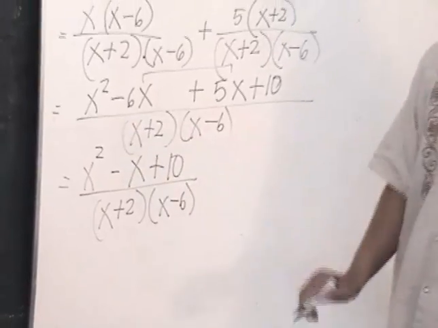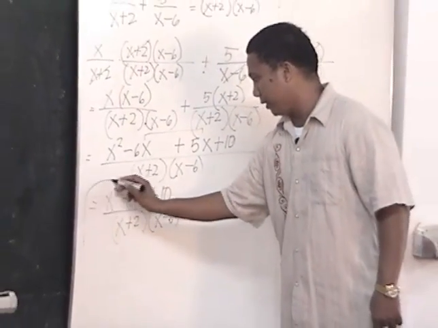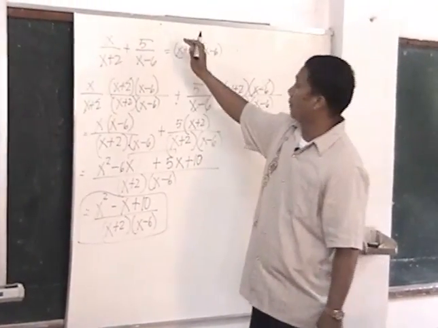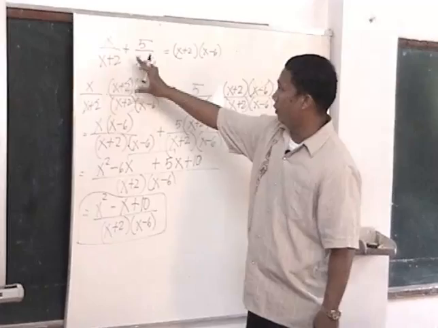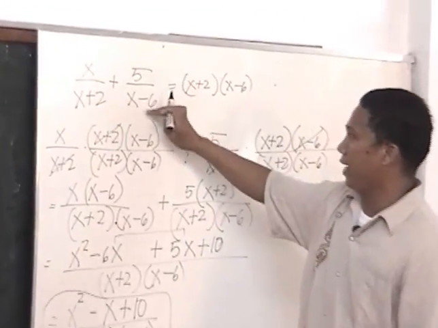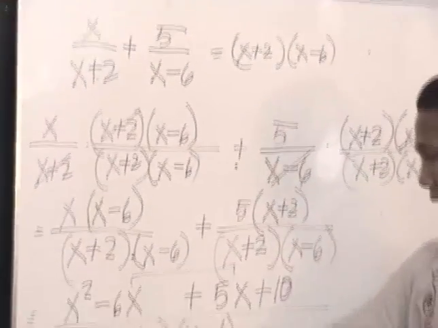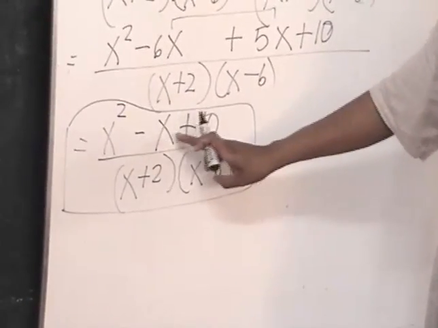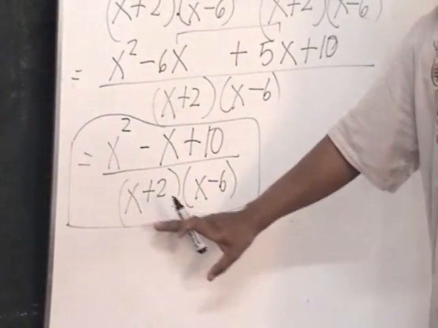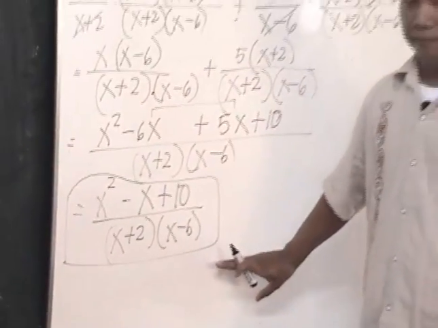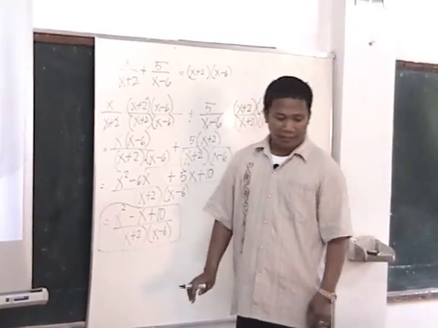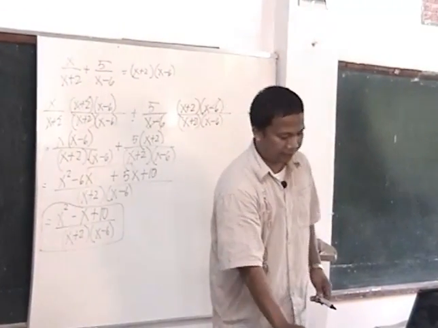So by this time, you can readily say that the value for x over x plus 2 plus 5 over x minus 6 is equal to x squared minus x plus 10 all over x plus 2 times x minus 6. So we are having this kind of values. Now let us have some more exercises.